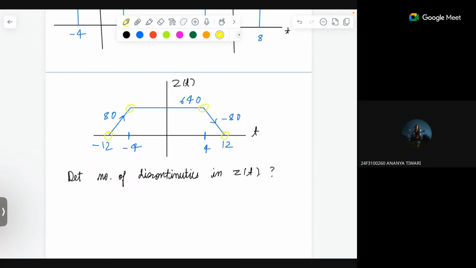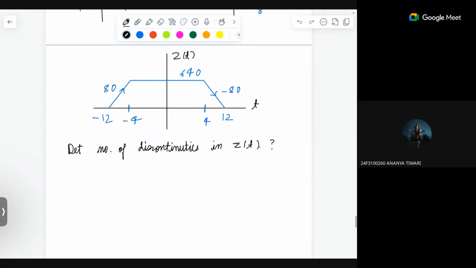Discontinuity happens wherever there's a sharp change. Do we have any sharp change here? No, we don't, because the slope is changing gradually. So a sharp change is not there. And if we go back to maths for the definition of continuity, the left hand limit should be equal to the right hand limit, and it should be equal to the value of the function at that point.